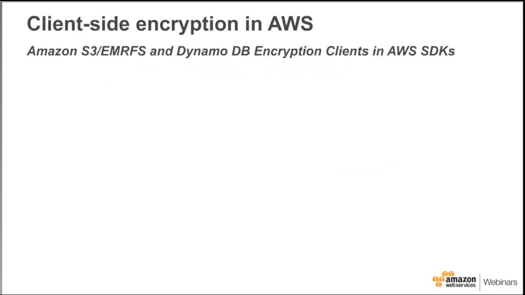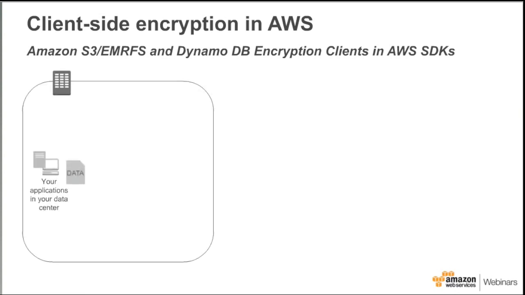So what are the client-side options inside AWS? There are a couple different ways to think about client-side encryption. You could do it entirely yourself, or we provide some helper applications that at least give you some access to the cryptographic primitives and allow you to integrate your own keys before encrypting. So how would this look?